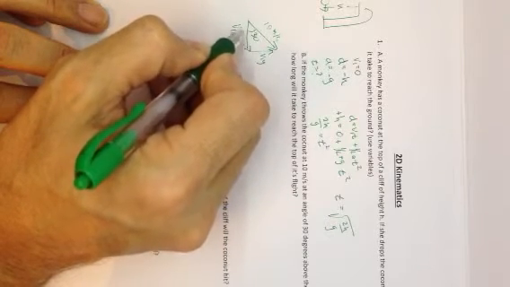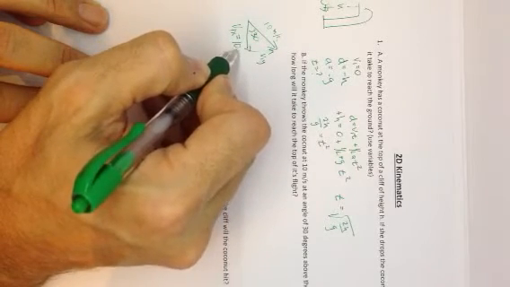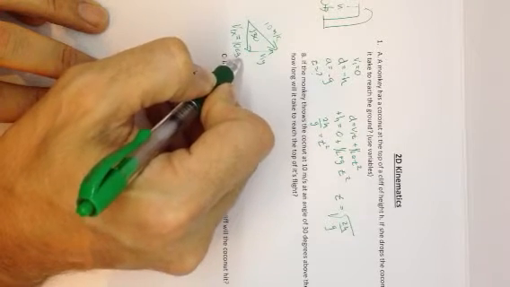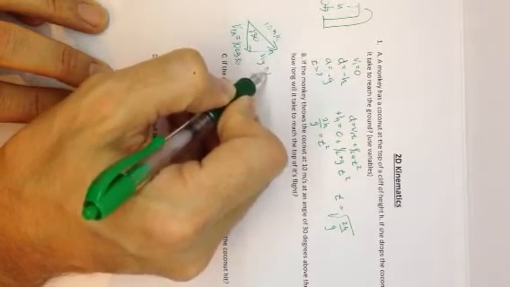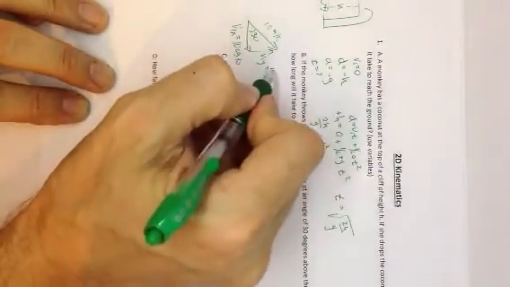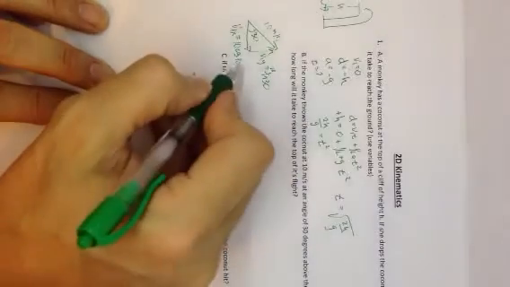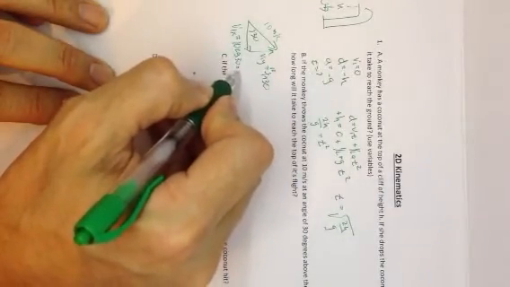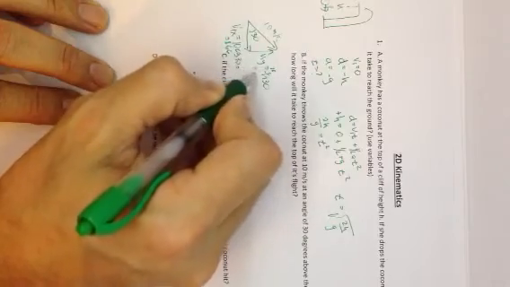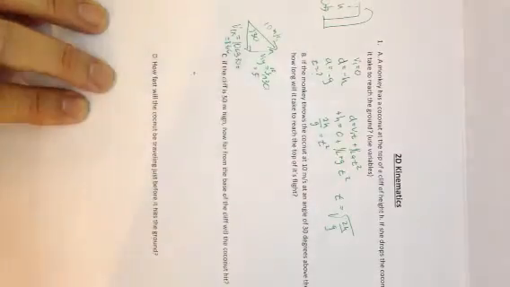If it's the adjacent side, we know this has to be cosine of 30, and this has to be sine of 30. Oh, sorry, 10 sine 30. And so when we do that, 10 cosine 30 is 8.66. 10 sine 30 is 5.